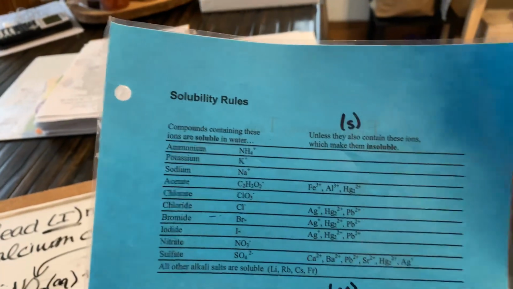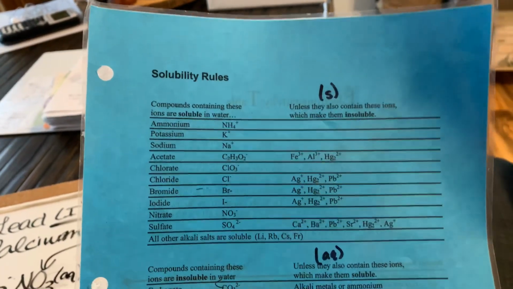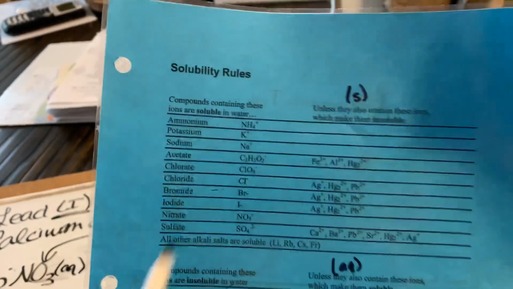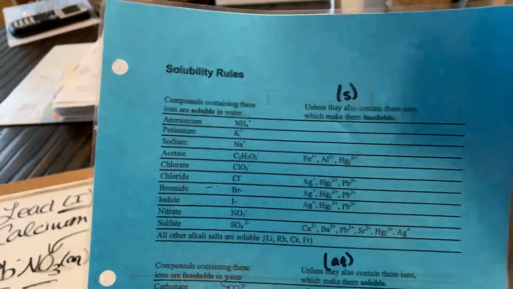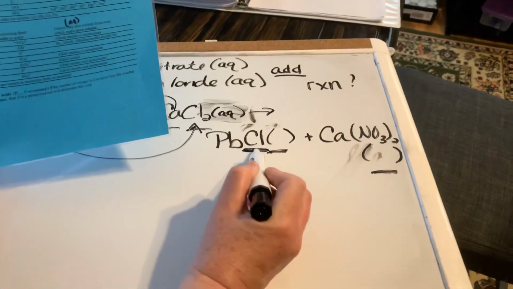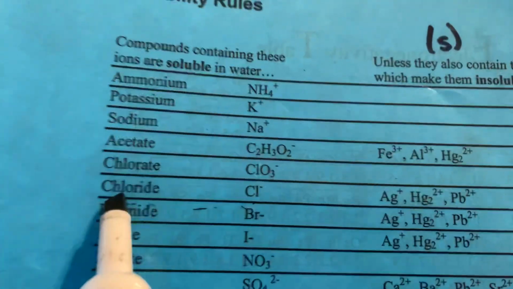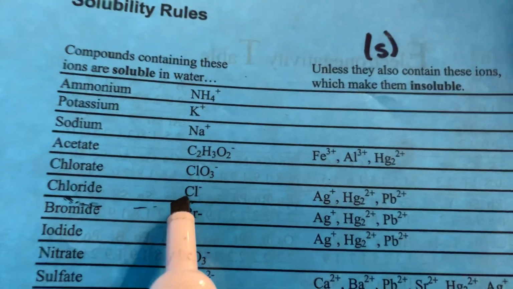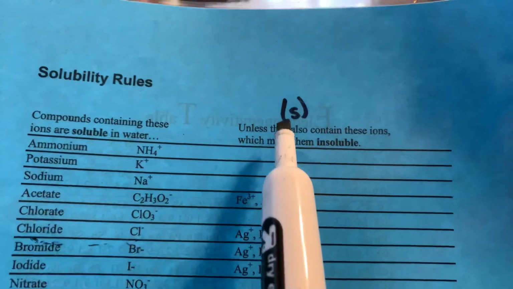Sometimes you'll have to look at your positives, but most of the time you're going to look at your negatives. So we have Cl right here, right? We're going to find Cl on here. See how Cl is right there? The chloride ion, Cl, okay? Do you see how there's this S up here?